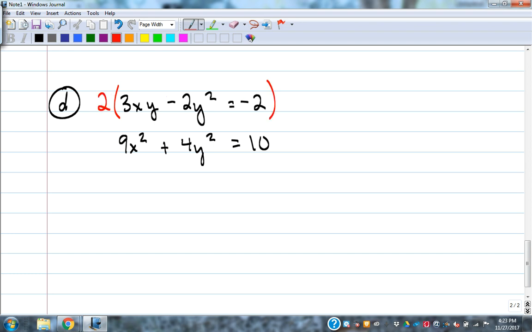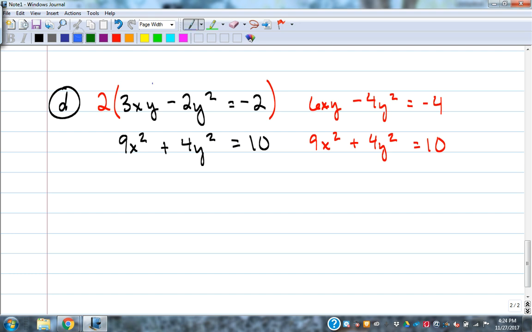Because you do it to the whole equation, it doesn't hurt anything. It's legal to do that. So that'd give us 6xy minus 4y squared equals negative 4. And then the second equation, I'm not changing at all. Okay.